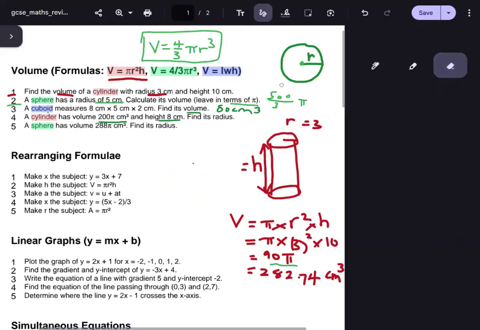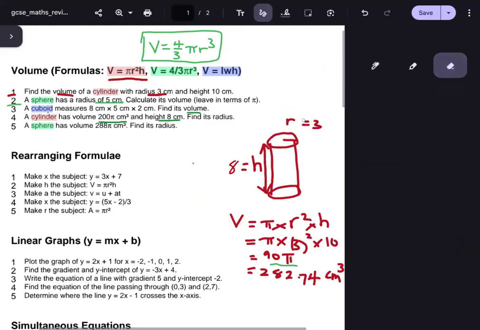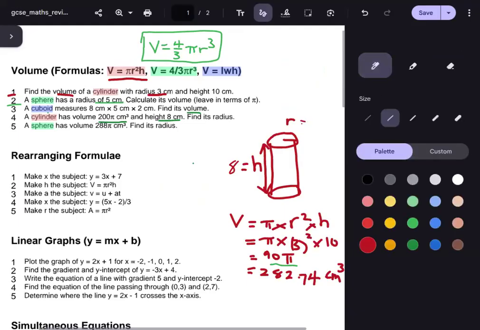So we're focusing on the red, right? We're being given a height, and that height is 8 centimeters. We're not given the radius. So it says find the radius. So the radius is what we're finding, right?